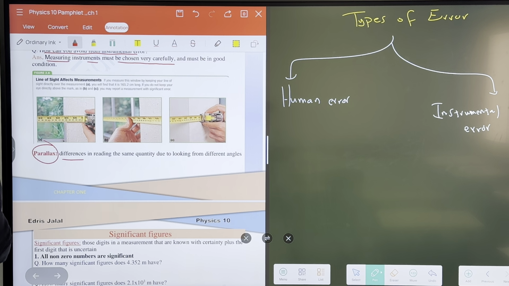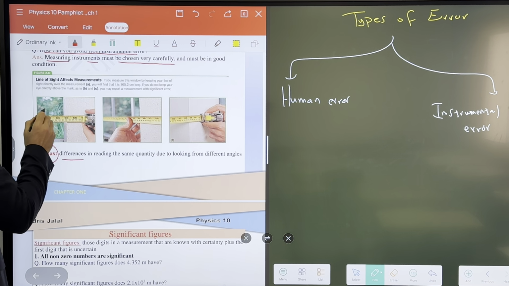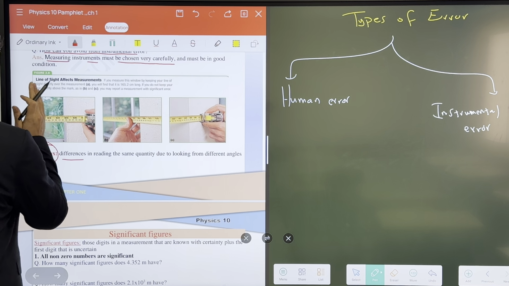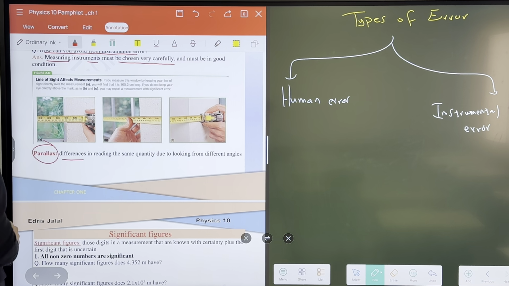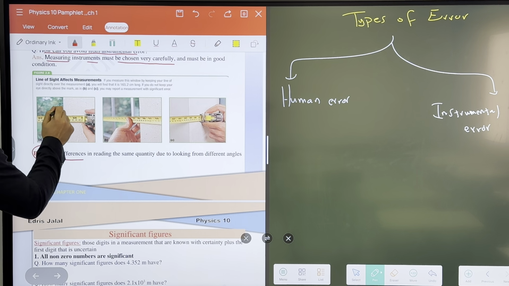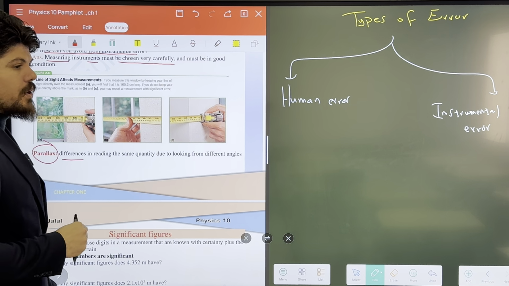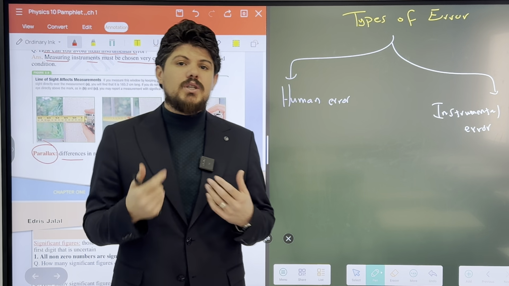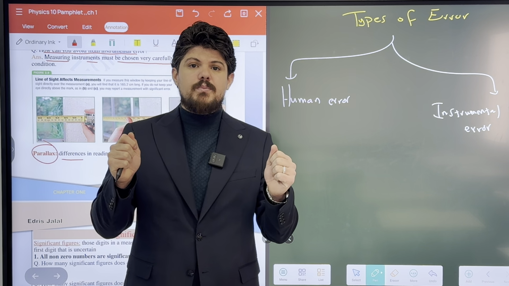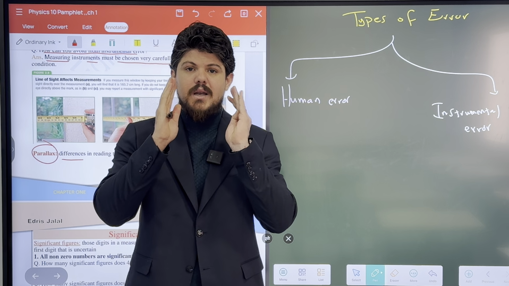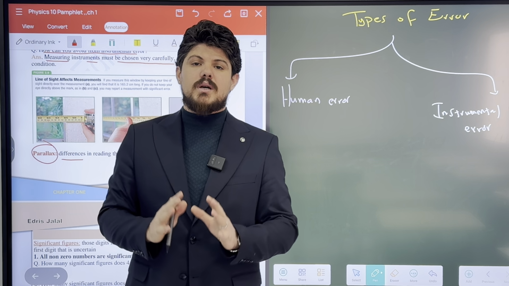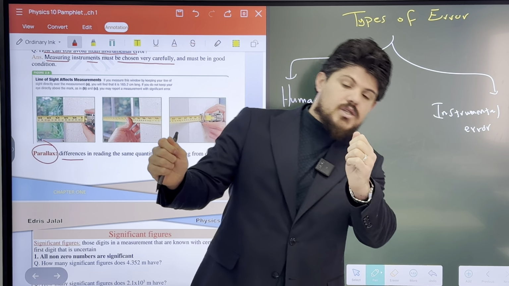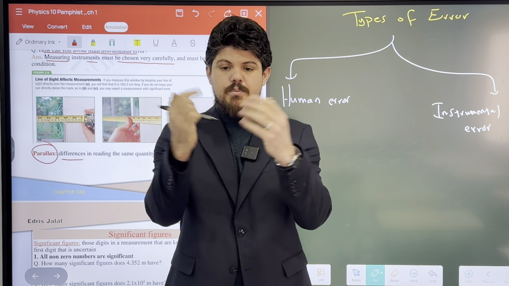In figure A, the person reading the measurement is looking perpendicular to the meter stick, straight on. So the best way to measure the length of something with a meter stick is to look perpendicular to it, not from the side. Not like this and not like this. You have to look at the meter stick perpendicularly.